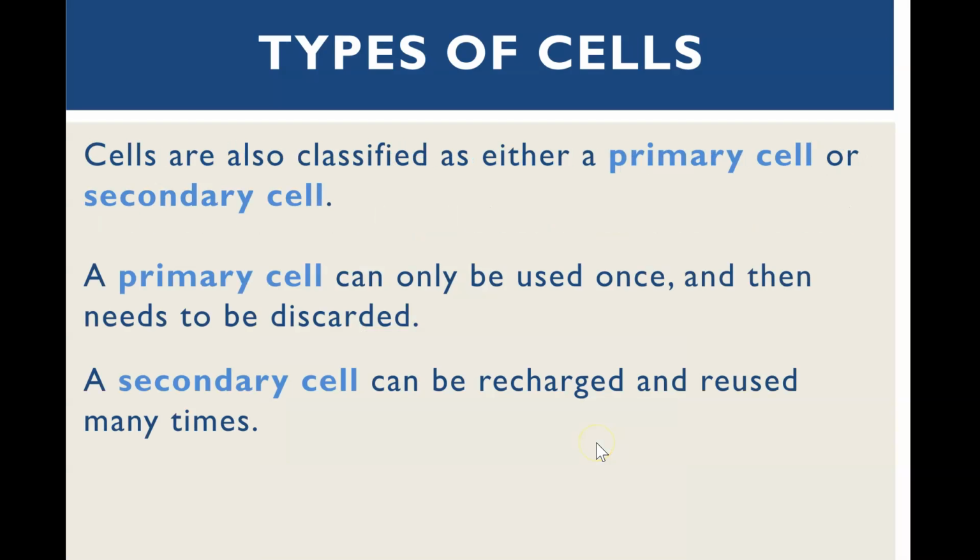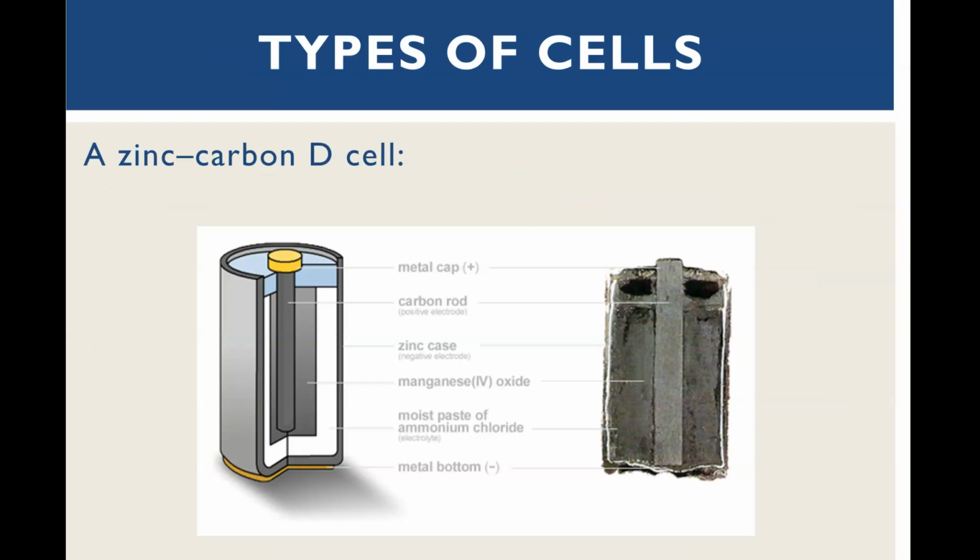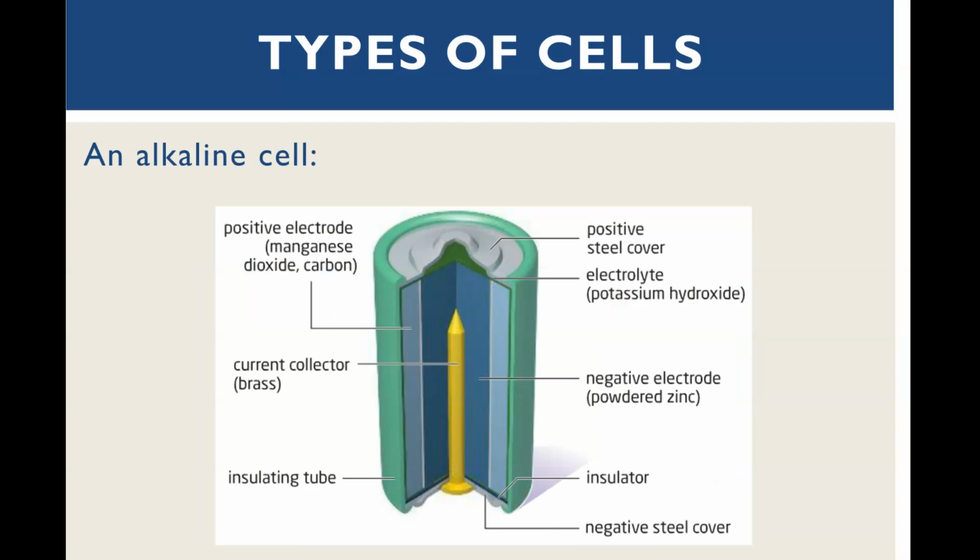So another classification, in addition to wet and dry cells, is primary cells or secondary cells. A primary cell is the one that I showed you right at the beginning, the simple one, the zinc carbon one.